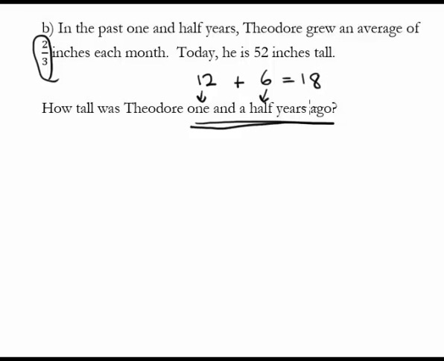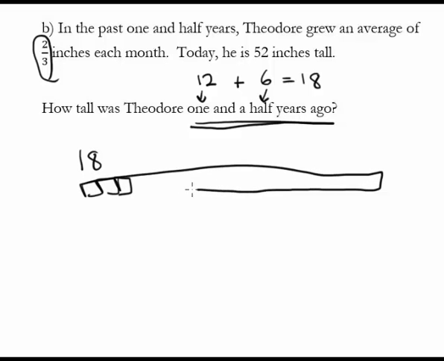So total, there's going to be 18 months in 1.5 years. Okay, and so this question is really asking, if I have 18 of these months, there's 1, there's 2, there's 3, so let's say here's the 18 months, all the way up to 18. And we say each one of those is worth 2/3 of an inch for Theo.